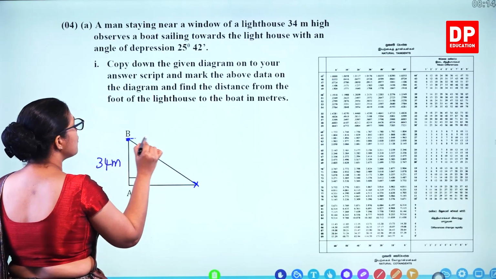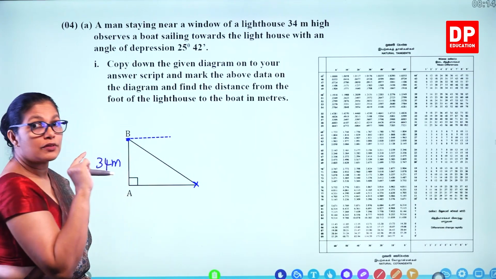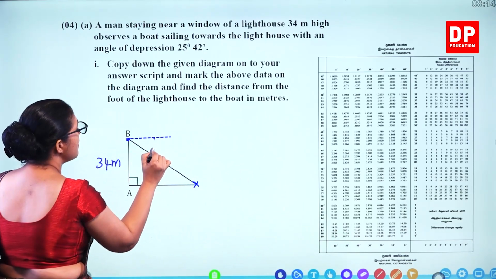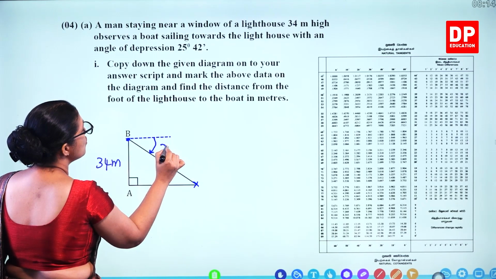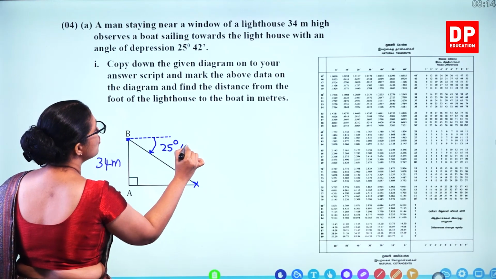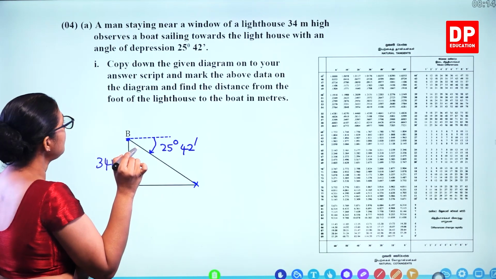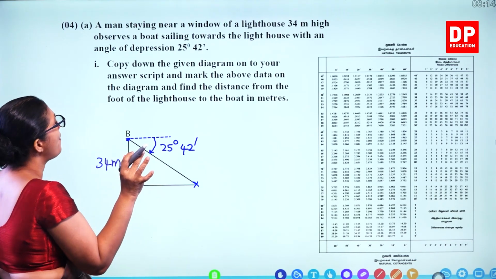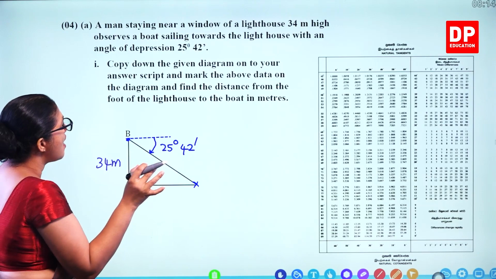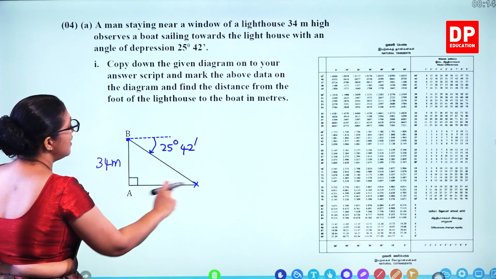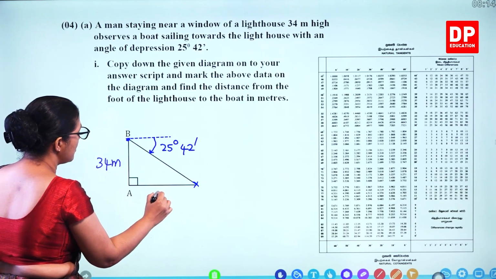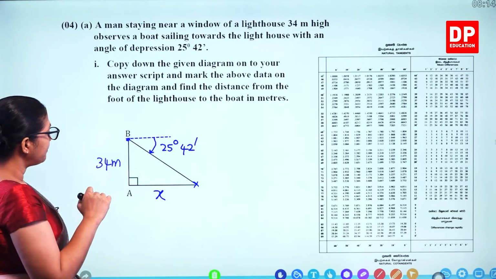So that means you have to draw the horizontal line. From the horizontal line, the angle of depression, this angle is 25 degrees and 42 minutes. So those are the two things that we need to mark. And then they ask, what's the distance here? Boat and the foot of the lighthouse. So we'll put X here.